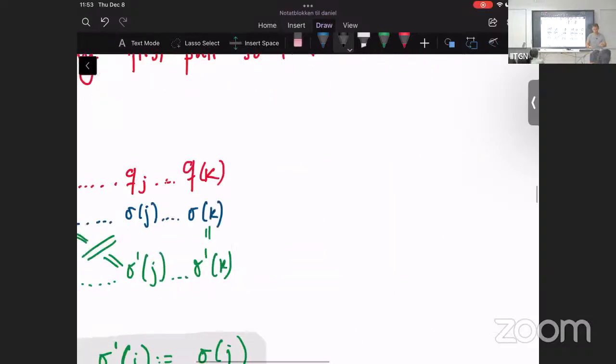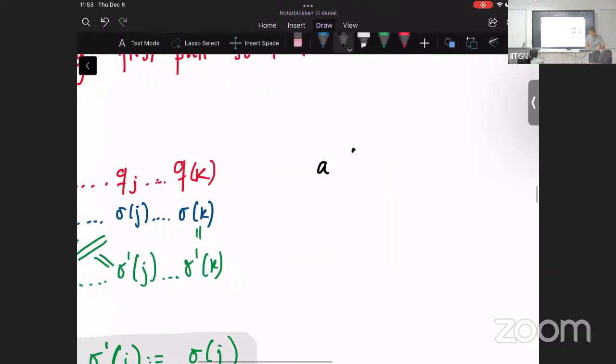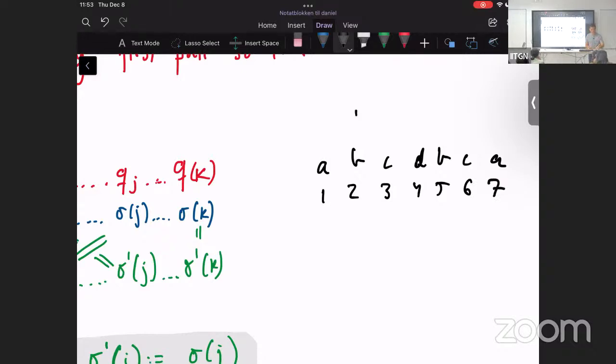Let's see, A, B, C, D, B, C, A, for example. My labeling is 1, 2, 3, 4, 5, 6, 7. What is the first repetition? It's B, comma B, right? B and B repeats first.